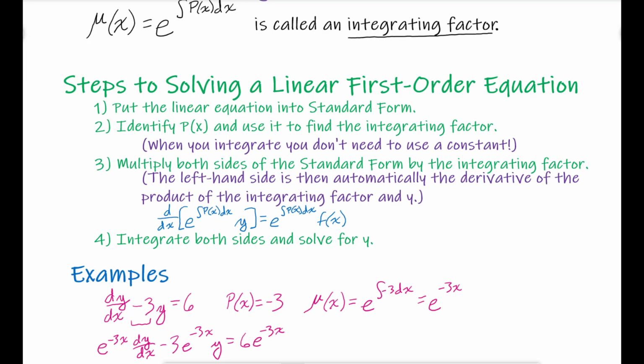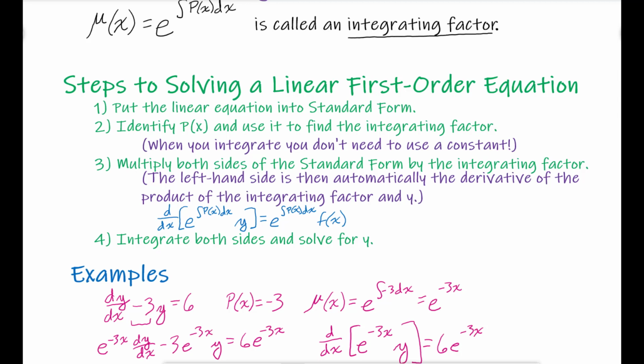Now, when you do that, notice this is the product rule worked out. So I'm going to simplify it back to the derivative form that we saw in step 3. So this is really d dx of e to the negative 3x y. And it's going to equal 6e to the negative 3x.